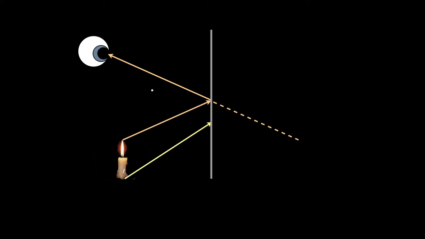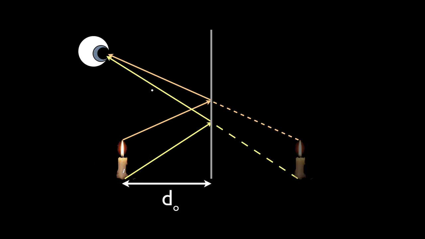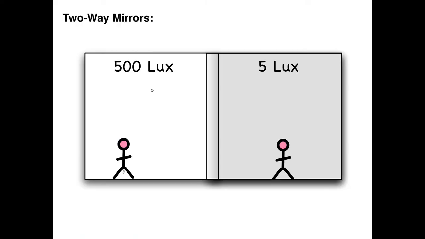When we look at the bottom of the candle, that too will trace back to a spot behind the mirror, and our brain puts this all together and thinks that it sees a candle behind the mirror. The distance the candle is in front of the mirror, DO, which stands for distance to the object, will be the same as the image is behind the mirror. That's called DI for distance to the image.